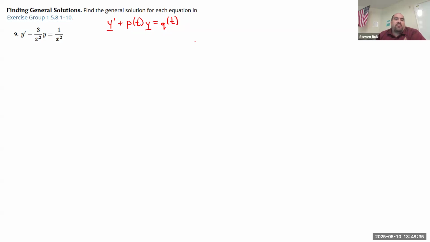When we have equations of this form, we want to multiply through the equation by this thing called an integrating factor. What do those look like? I'm going to take e and raise it to the integral of whatever this p is, so the integral of p of x dx. For us, let's find the integral of negative 3x to the negative 2 dx.